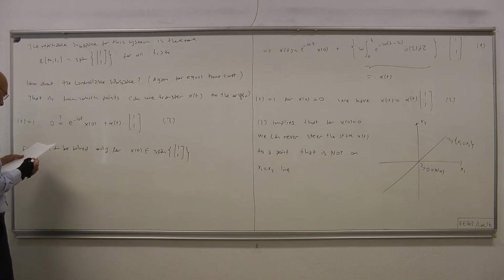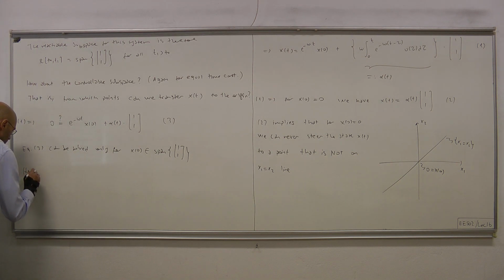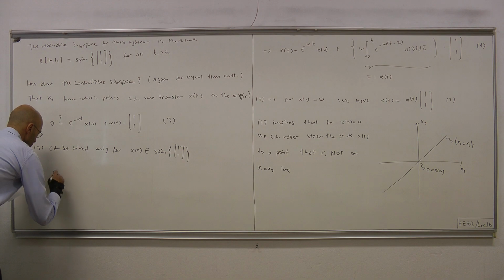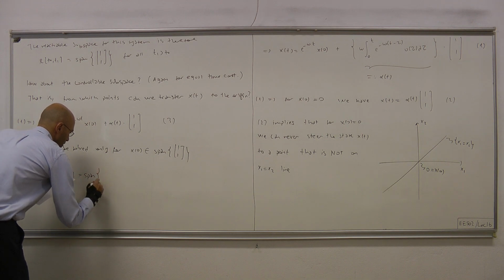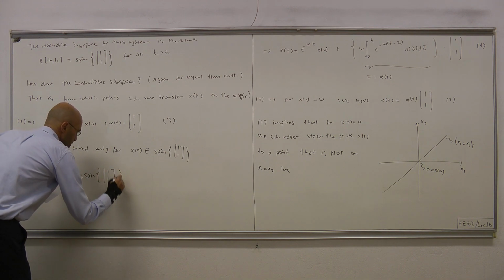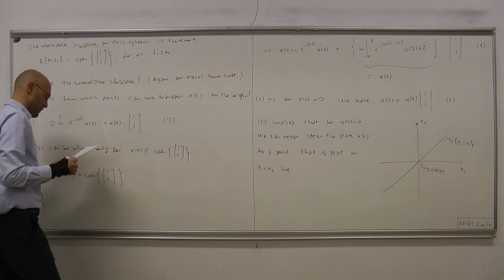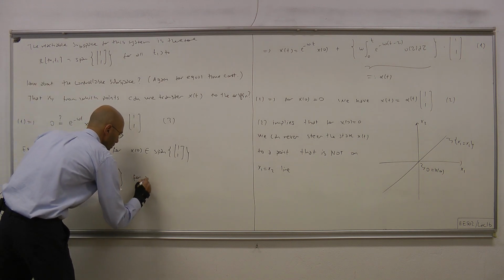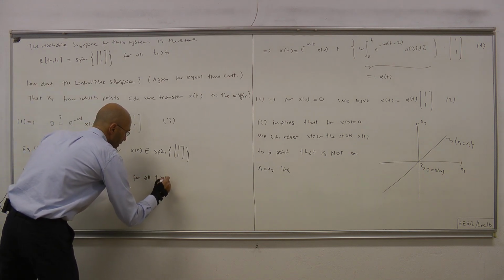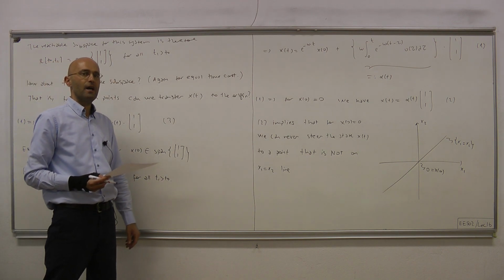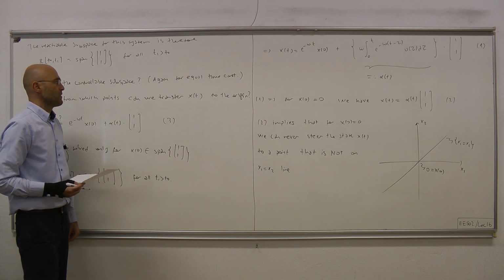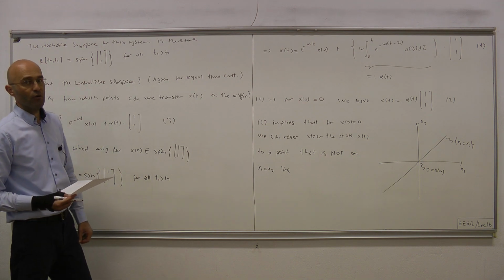Okay. Hence, the controllable subspace equals this one-dimensional subspace for all t1 and t0.